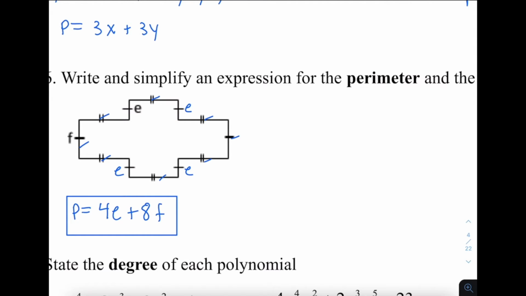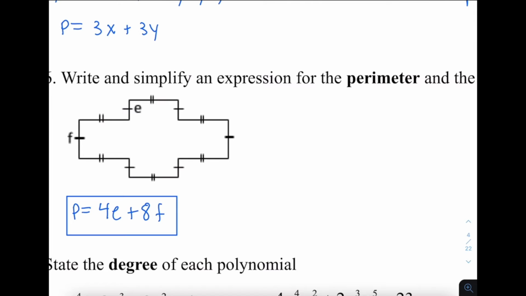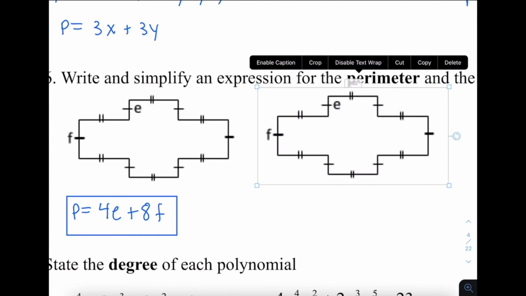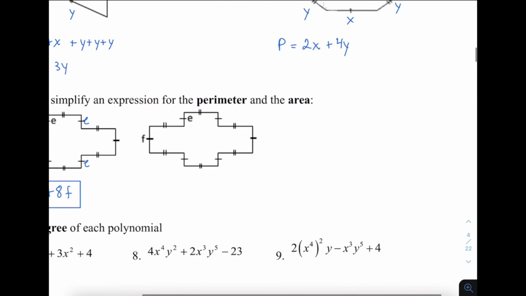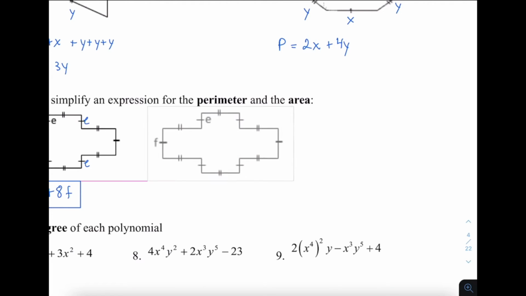Now, I'm actually going to copy and paste this over here again. Okay, and we can put that back. Okay, and what I want us to do is figure out the area. Now, there are many, many ways to do this.